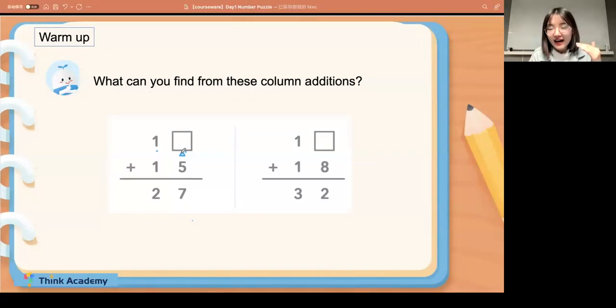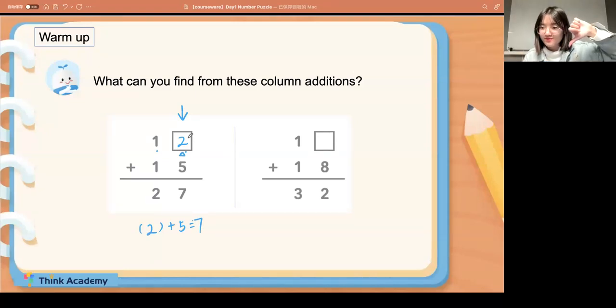So at any time, if we do the column addition, we always start from the right-hand side, the ones column. So 1 number plus 5 equals 7. Then this number will definitely be 2. So we can put 2 here. Okay, everyone. So for now, can we go to another question directly?